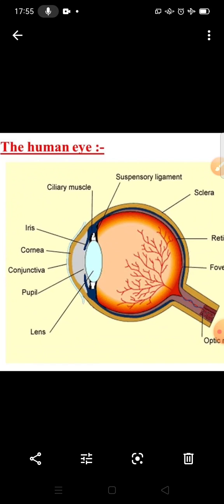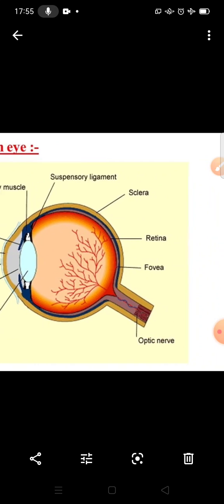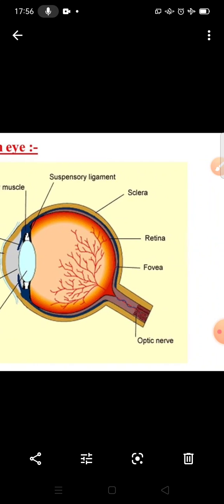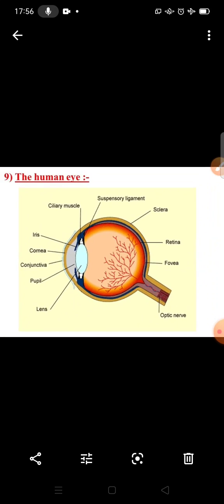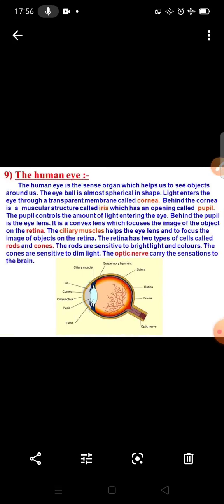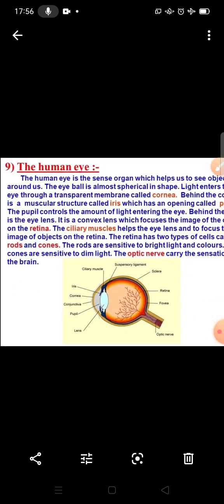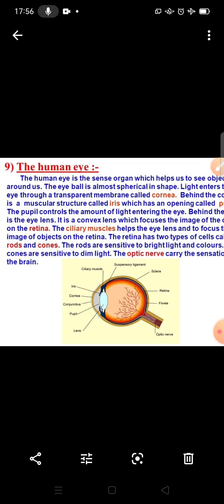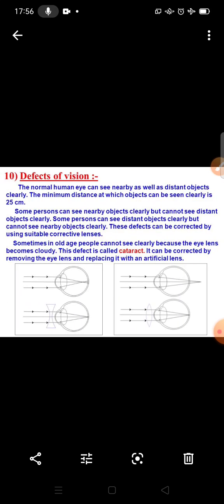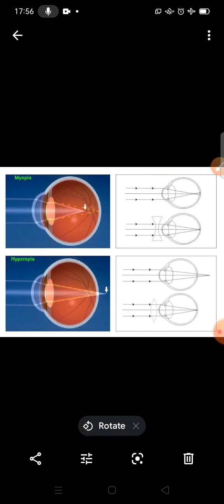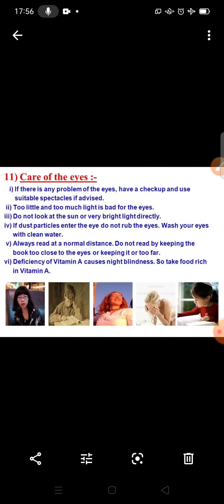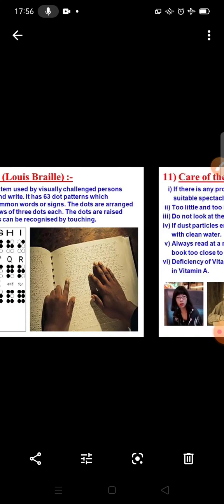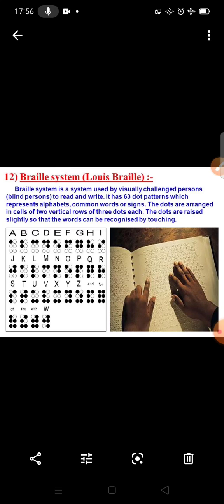These are the parts of the eye: lens, pupil, cornea, iris, ciliary muscles, suspensory ligaments, sclera, retina and optic nerves. In the next video we will discuss the structure of the human eye and the function of each part. Then we will discuss the next topic, defects of vision: myopia and hypermetropia, care of the eyes, how you can care for the eyes, and then we will discuss the Braille system.